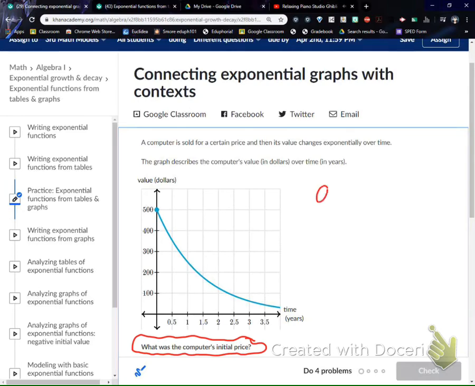We are still generally following this a times b to the x idea, where this is still our start or initial value, and that's almost always going to be when your time is 0. So to answer this particular problem, I need to look for where my time is 0 and simply grab the y value here. So I know the correct answer for this starting value is 500.